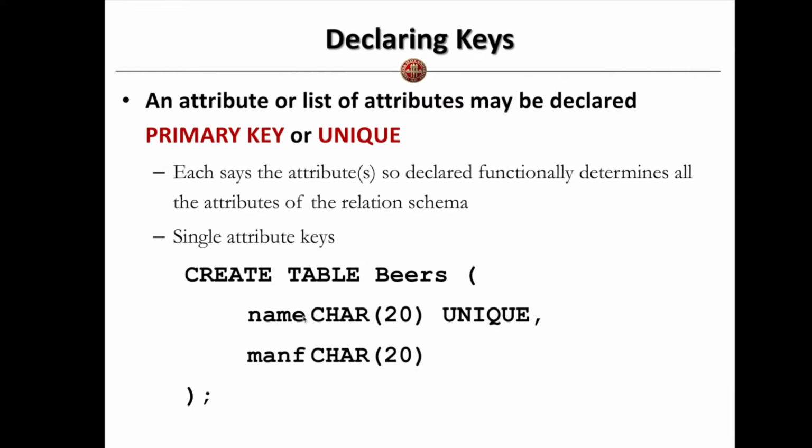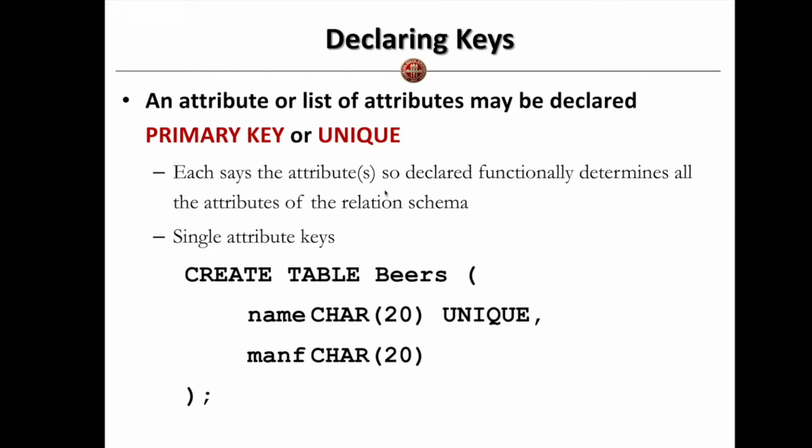And we can declare this name as a key in the table creation by adding this keyword unique after this name attribute. So we can say name char20 unique. And in this way, we are declaring that this name is a key for the beers. Of course, we can also declare name char20 primary key, replacing this unique with the primary key, by declaring this name as a primary key for the beers.